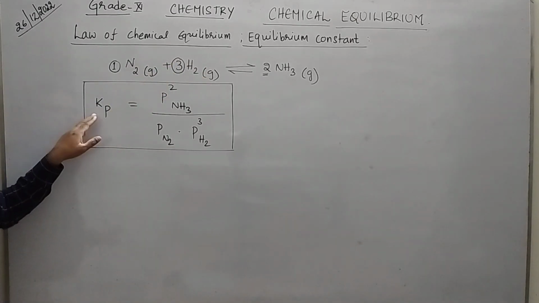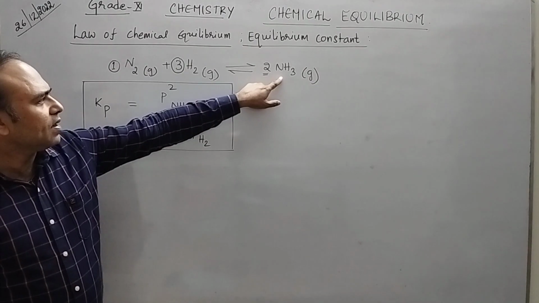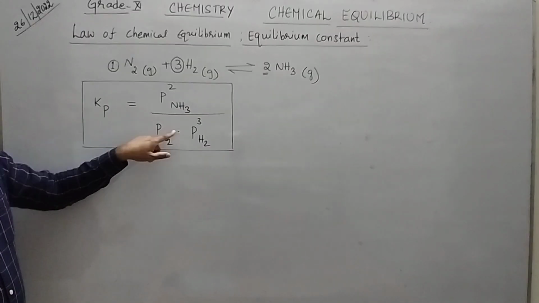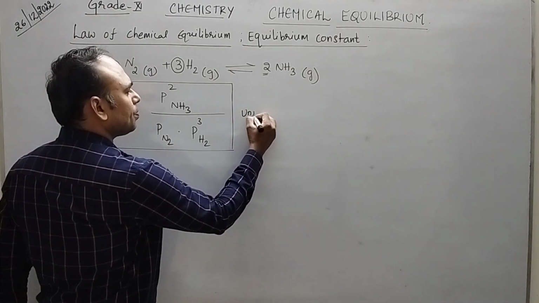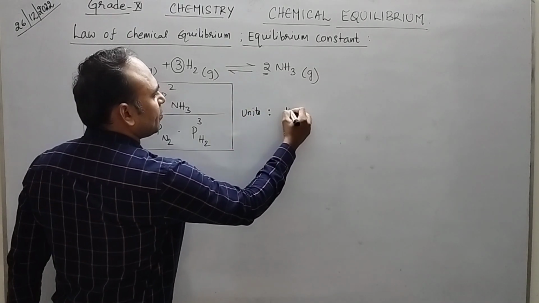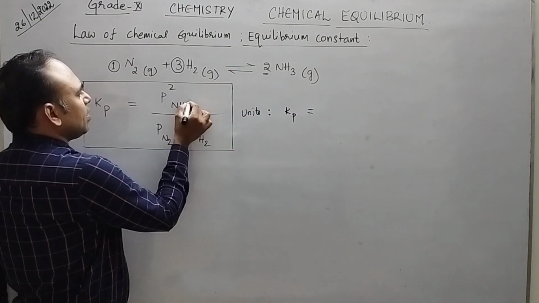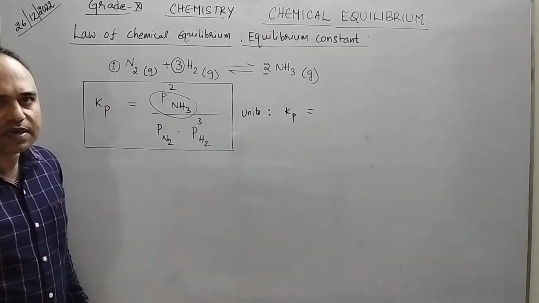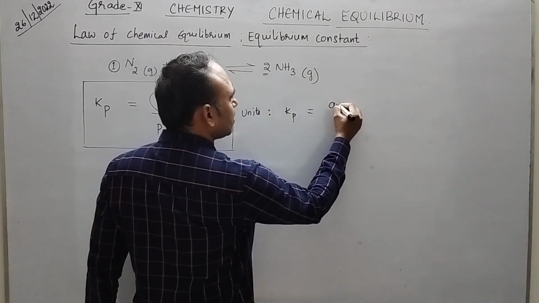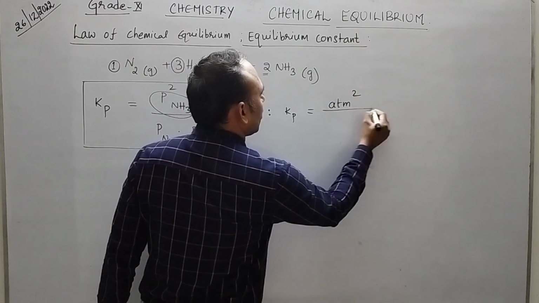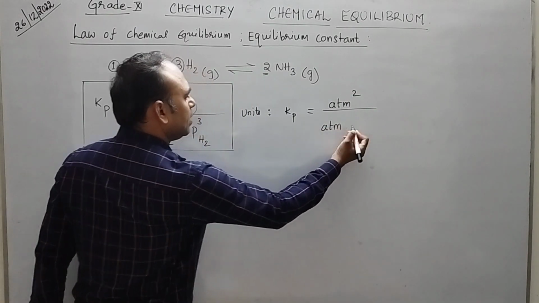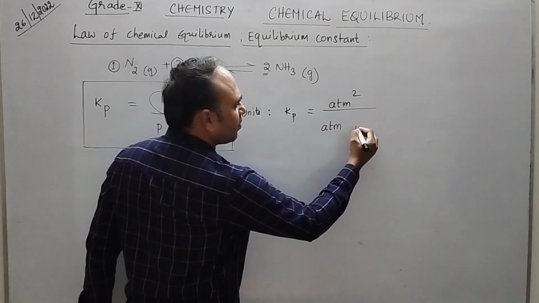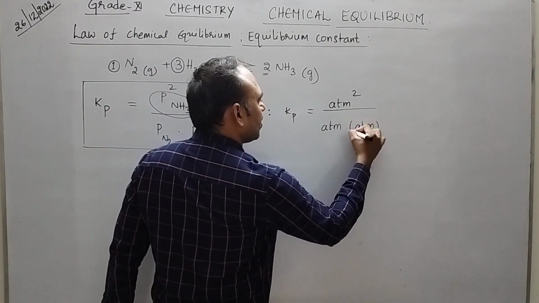So Kp, equilibrium constant in terms of partial pressure, is equal to P square NH3 by PN2 into P cube H2. Now for this, how to write units? Units for Kp. See here, partial pressure is represented in atmosphere, hence we can write it as atmosphere square, divided by atmosphere into atmosphere to the power of 3, so atmosphere cube.